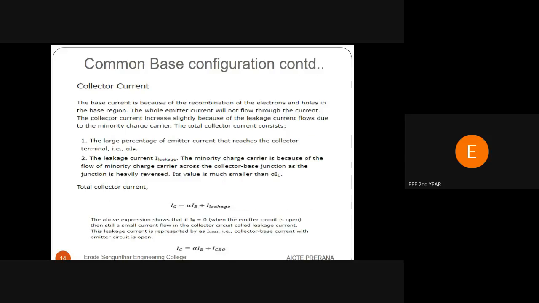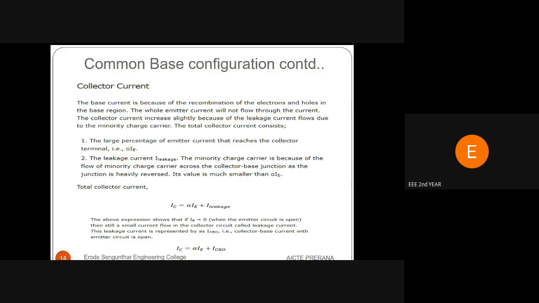Now let us see the output current expression, or collector current, for the common base configuration. The whole emitter current does not reach the collector because a small percentage of the current is used to recombine with the holes present in the base region. So the collector current consists of a large percentage of the emitter current that reaches the collector terminal, that is alpha IE, and the leakage current.